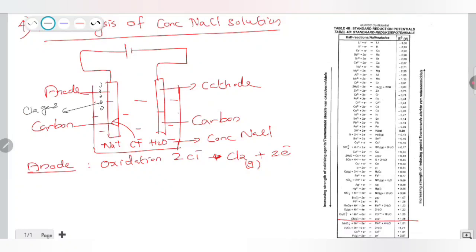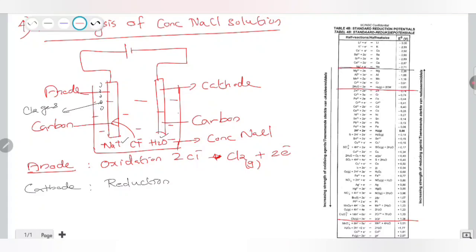Clear? Now after Cl-, what do we have in the beaker? You have Na+ and H2O. Between these two, one will undergo what? Reduction, and that is taking place at cathode. Now to decide what will undergo reduction, we are going to use our table 4b. When you look at the table, you can see this is Na+ and this is H2O.